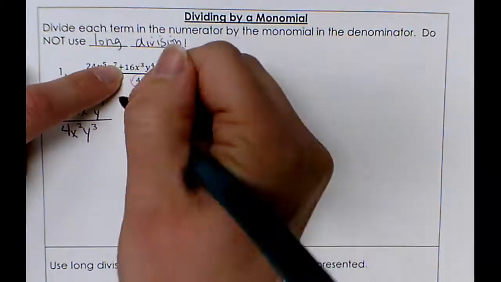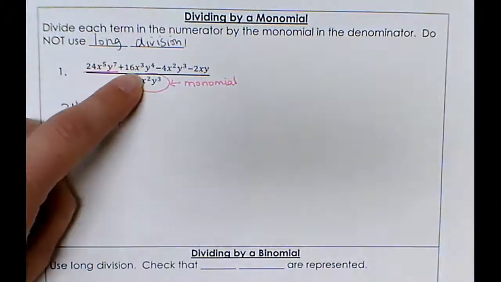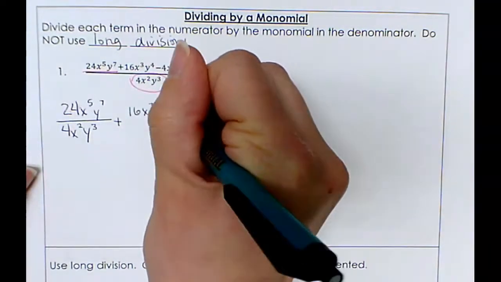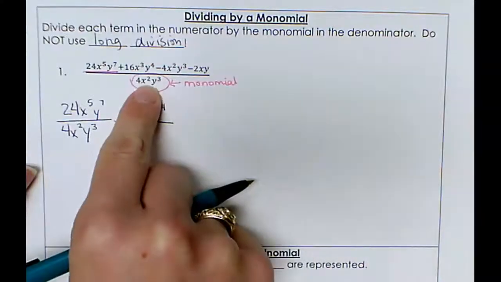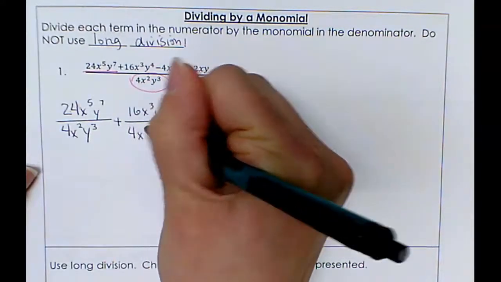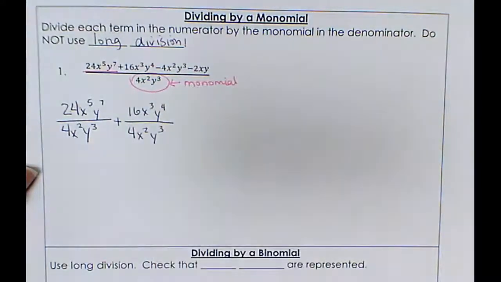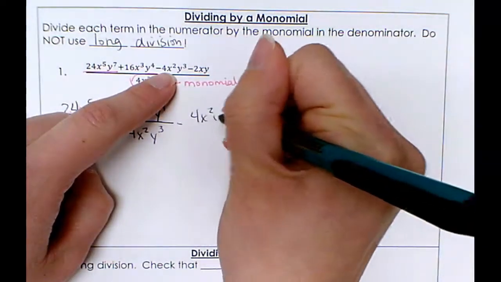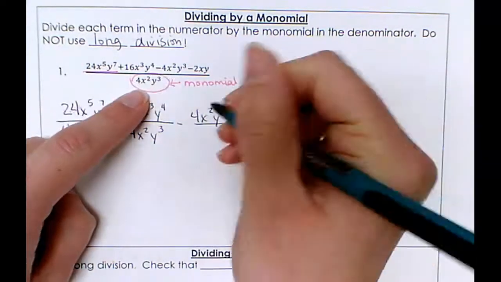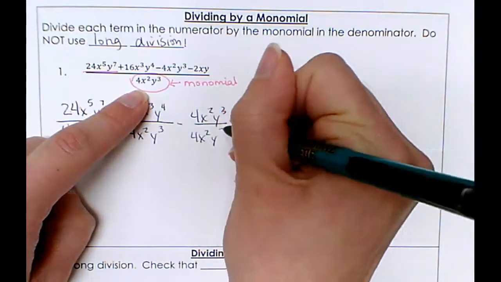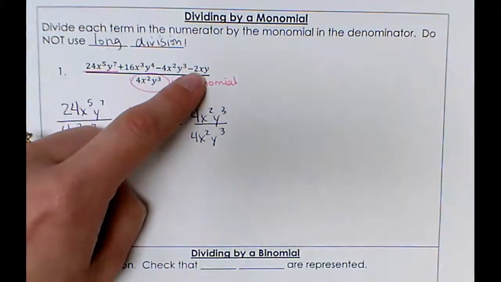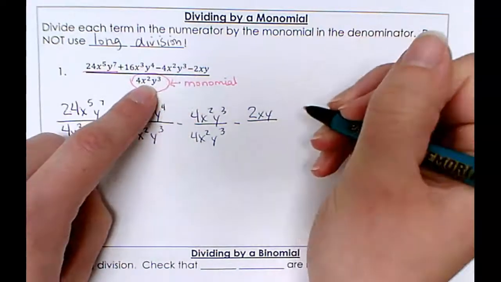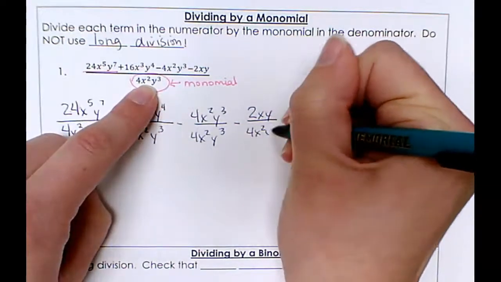My next term has a plus sign, and then the next term in the numerator is 16x cubed times y to the power of 4 over my monomial, 4x squared y cubed. Next term in the numerator, minus 4x squared y cubed over the monomial, 4x squared y cubed. Last one, minus the term 2xy over my monomial, 4x squared y cubed.